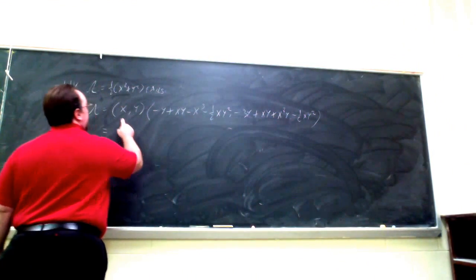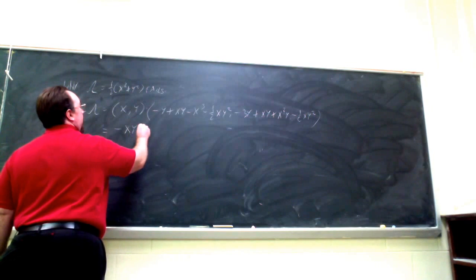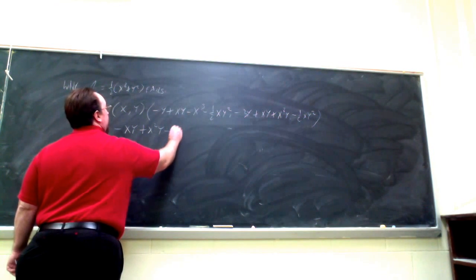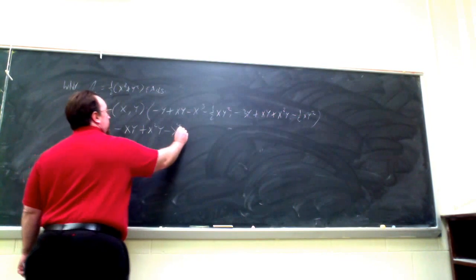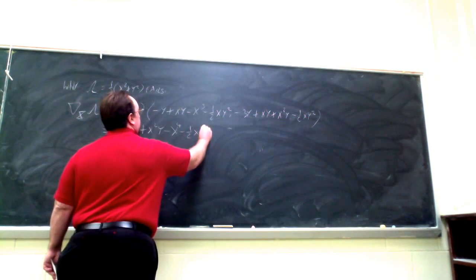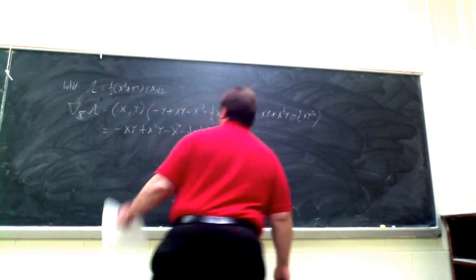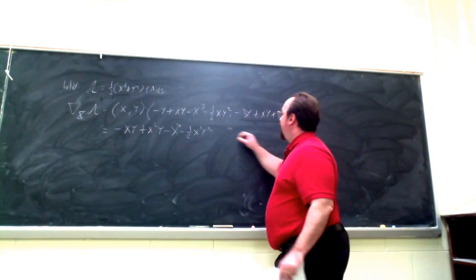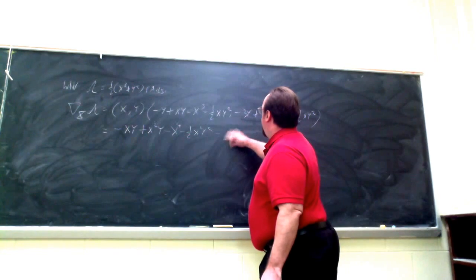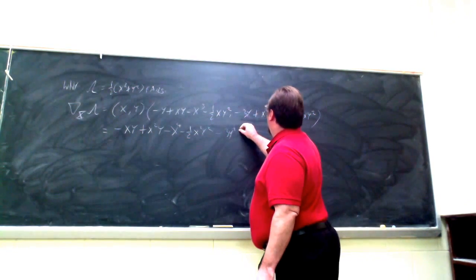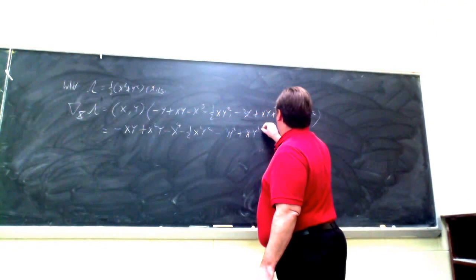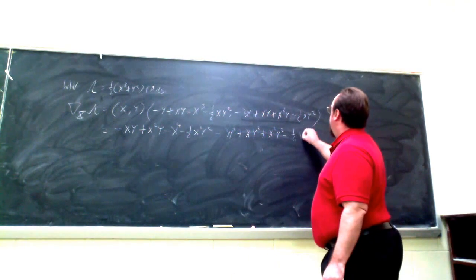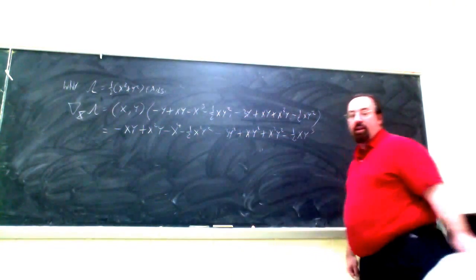So that's going to be minus xy plus x squared y minus x to the fourth minus 1/2 x squared y squared. So x times all this plus y times all this. So minus 3y squared plus xy squared plus x squared y squared minus 1/2 xy cubed.